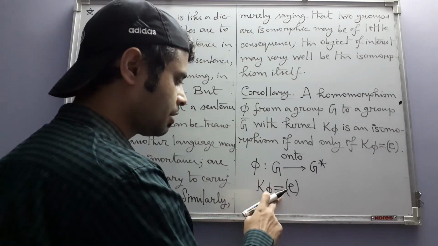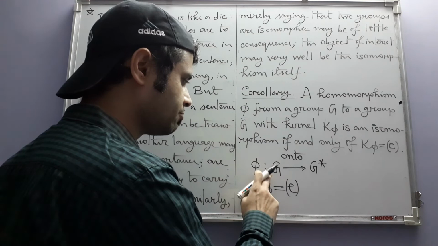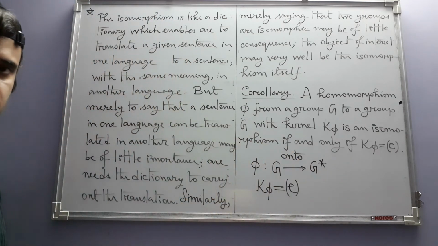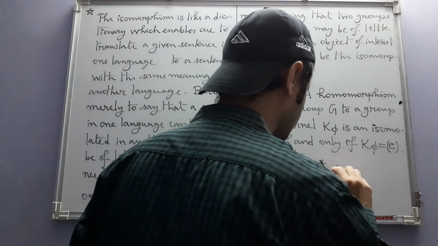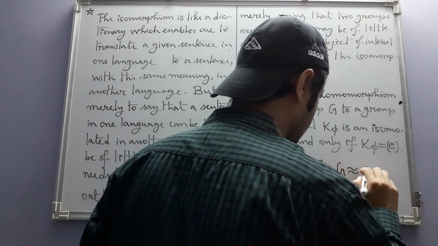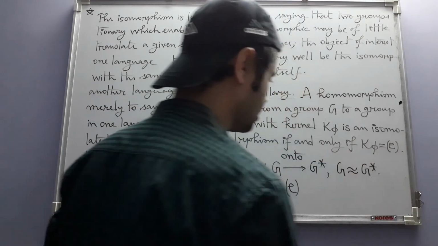So that means phi becomes an isomorphism of G onto G star, that is, G is isomorphic to G star.